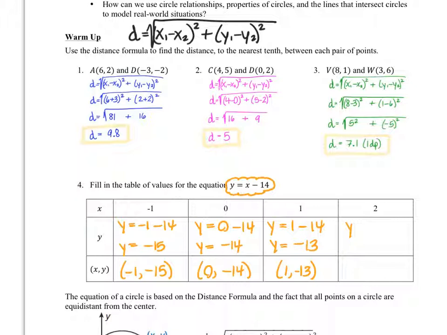And last of all, we're going to plug in an x value of 2, and we're going to end up with an ordered pair of 2, -12. If you need some help with this, let me know. We can discuss it in class or in extra help. This is just plugging in the way that you learned to do in an XY table in your pre-algebra and Algebra 1.